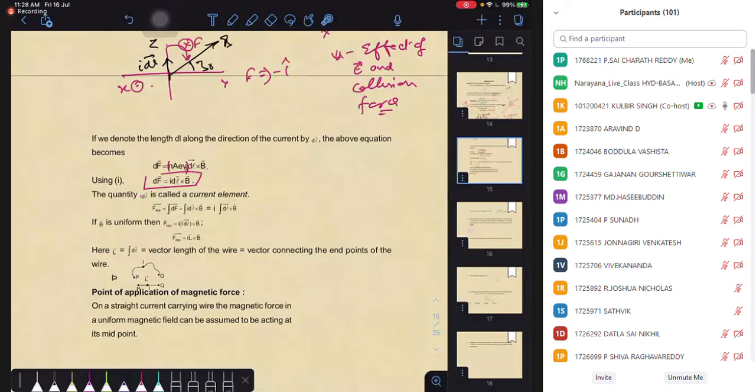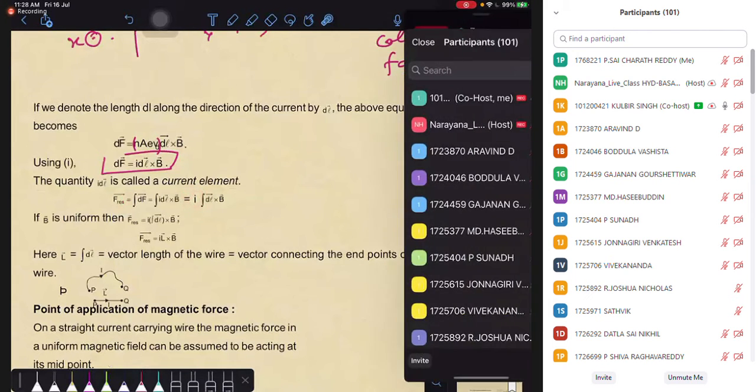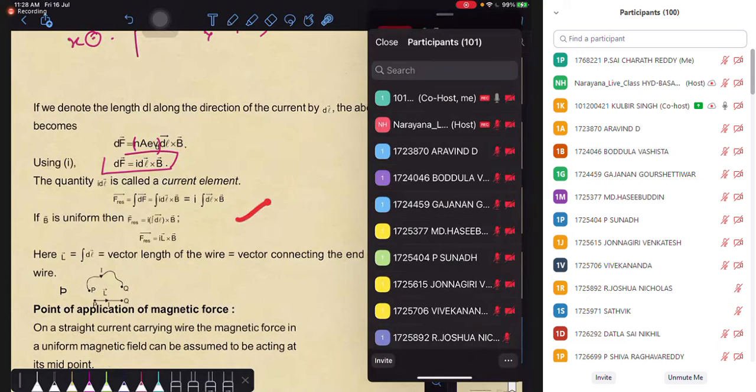There are lots of interesting features of this force. The first important thing is that current is something which is the same everywhere. In a wire, your current is the same, so every element has the same current. So I can take the current outside.